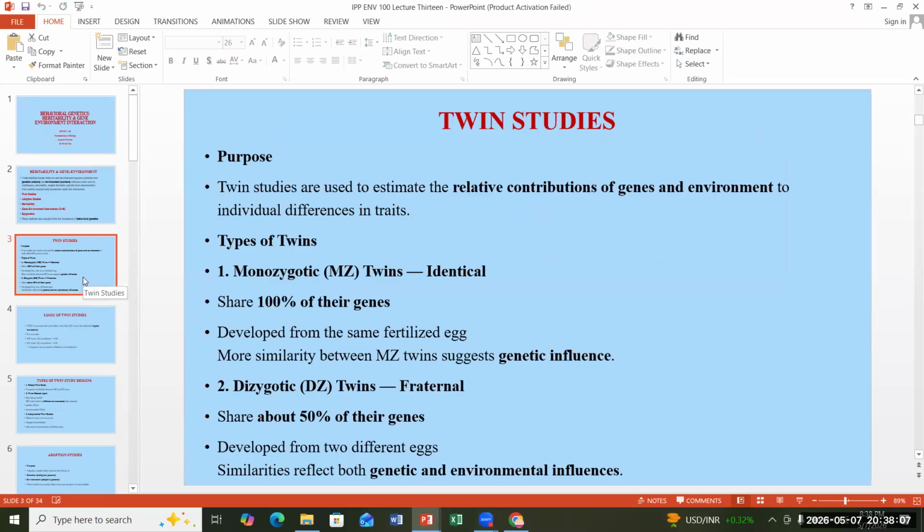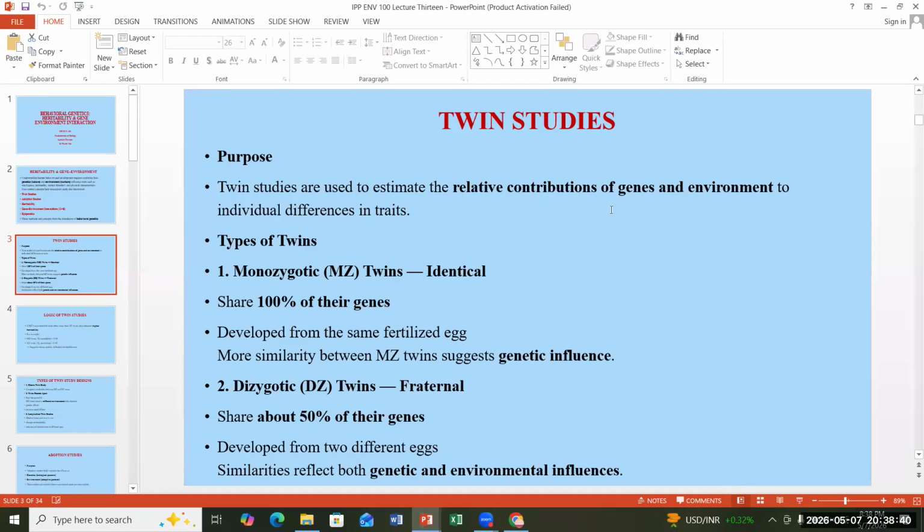Okay. Now, the first type of twin studies, we can identify that we are considering two individuals that are born at the same time. But remember, in case of developmental studies, if we want to identify the contribution of genes and environment, when I say genes, I am talking about the nature, and when I am talking about environment, I'm talking about the nurture.